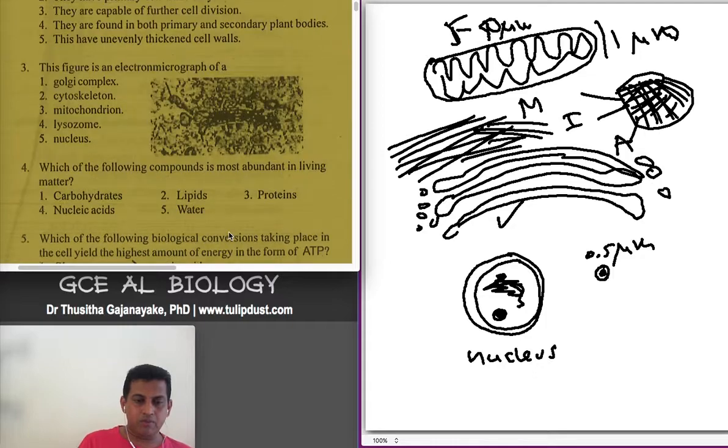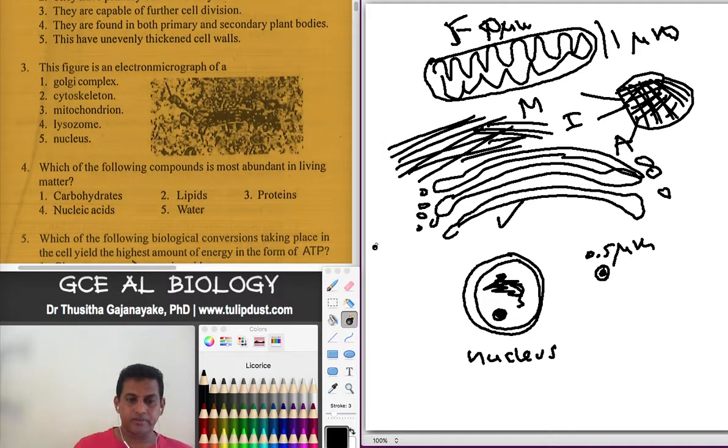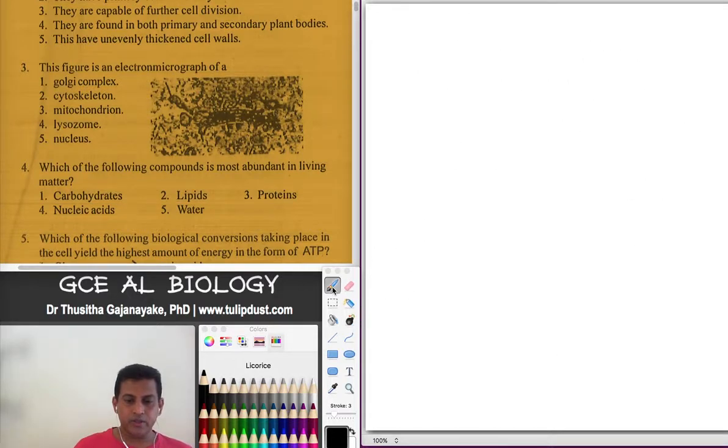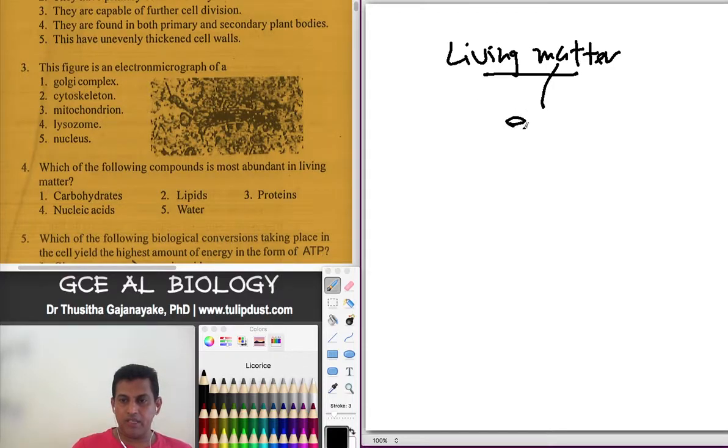Which of the following compounds is most abundant in living matter? So I'm going to revise the living matter for you. Living matter is made up of elements.